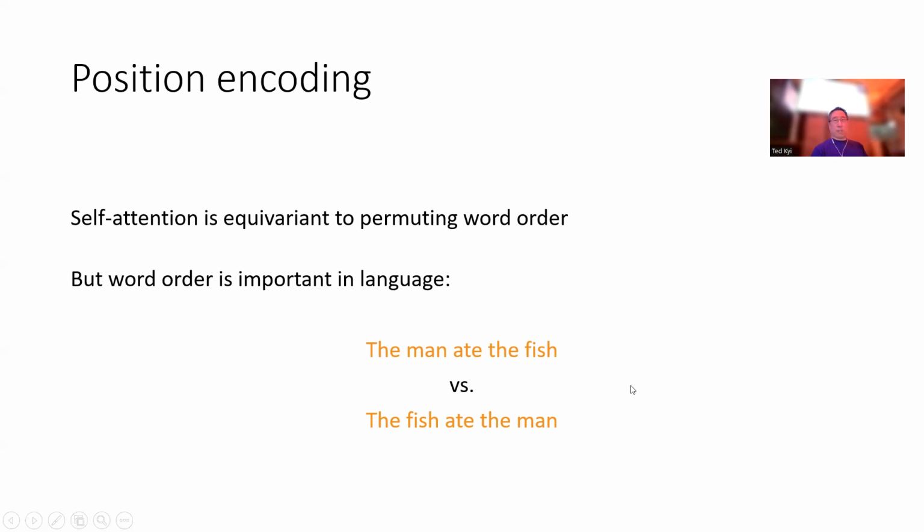It's not super critical how this is done. But the idea is that now it's not really the man ate the fish, but first word the, second word man, third word ate, fourth word the, fifth word fish. Now these two thes are not the same, because this one is a first word the and this is a fourth word the. So if the model's smart enough, it knows what to do with that information that tells it where things are.